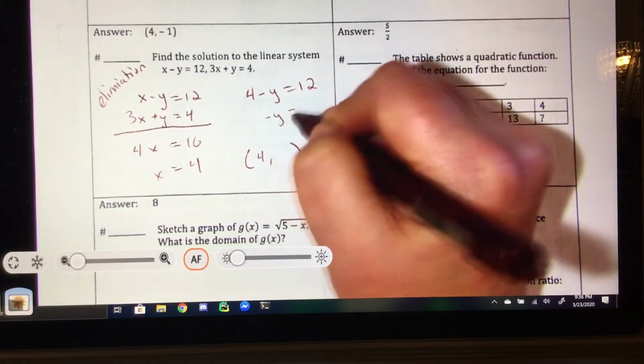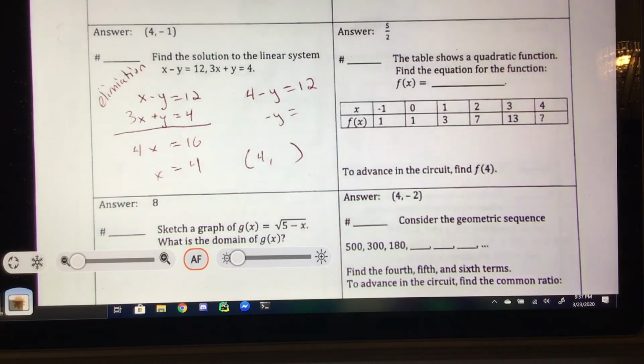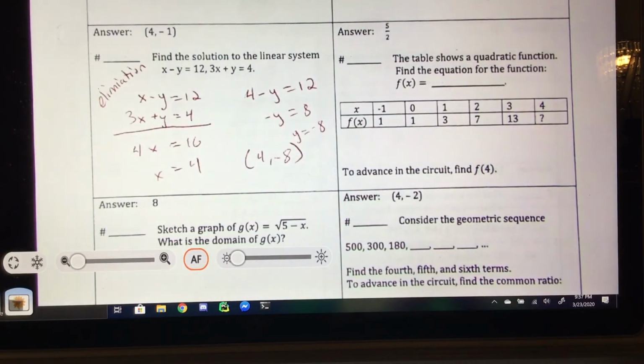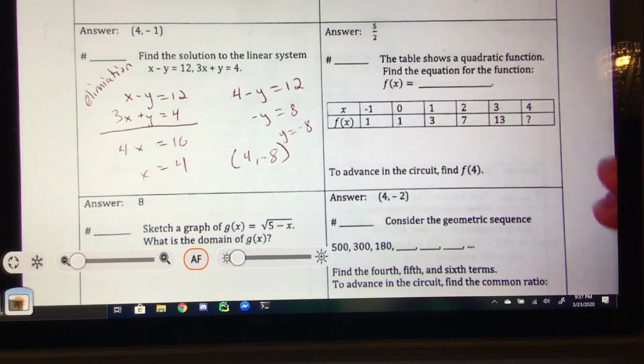Negative y equals, subtract 4, that gives you 8. So y equals -8. There, I did it. Except now you can't see it. Let's try this again. There we go. Now you can see it. Yay! It's a lot of problems.